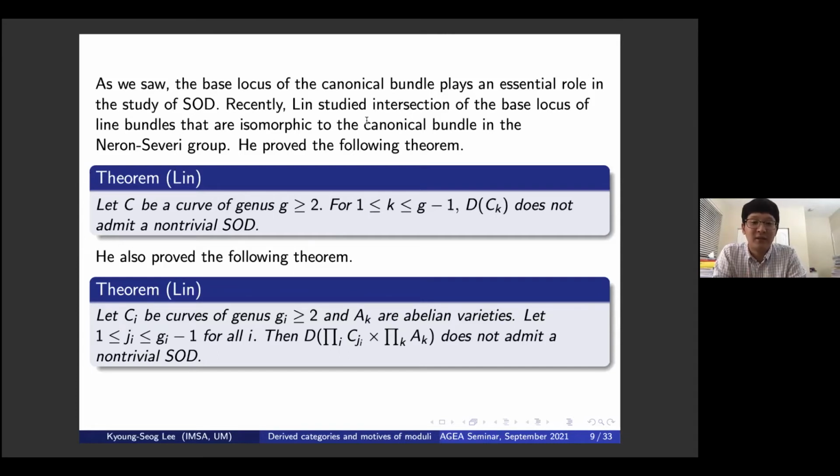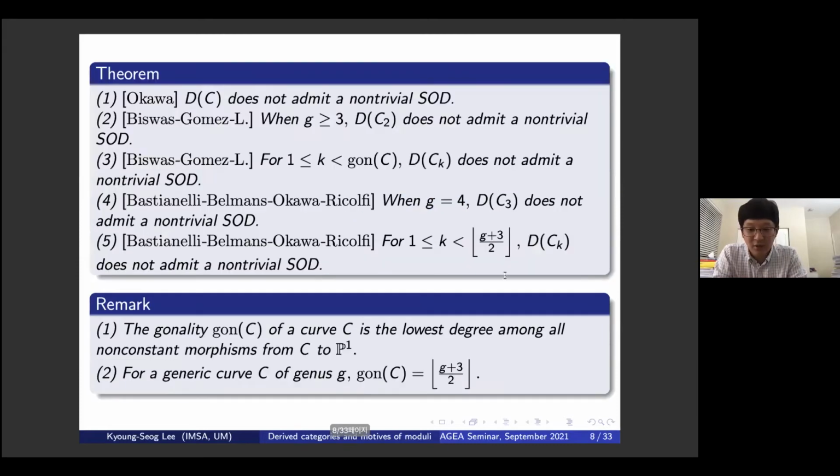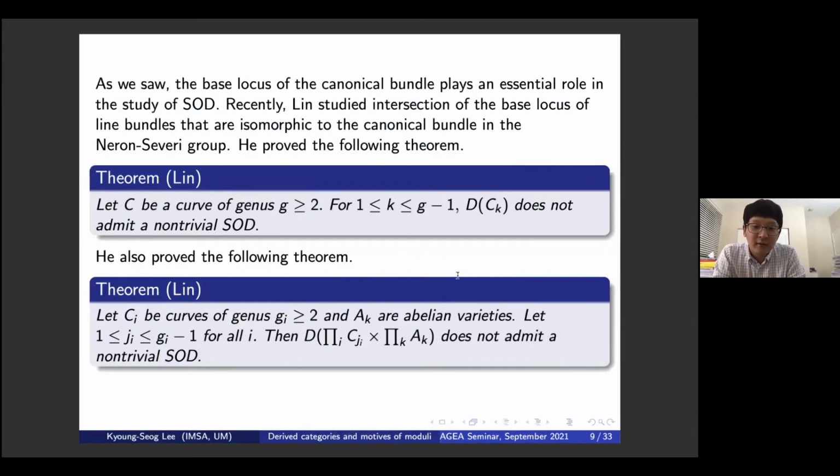He considered the base locus of all these line bundles. From this study, he proved that when k is from 1 to g minus 1, which is almost double what we had done, the k-symmetric product does not admit a non-trivial semi-orthogonal decomposition.